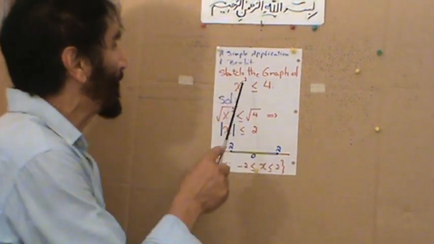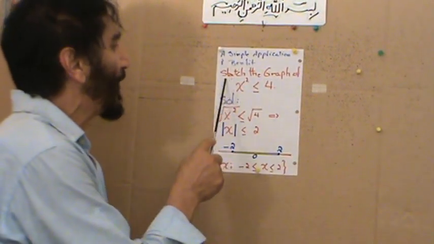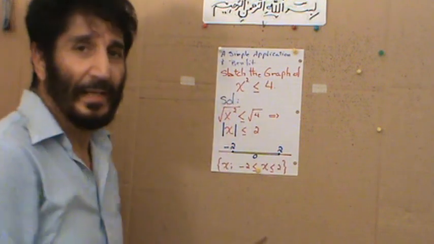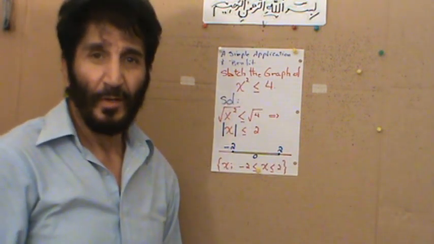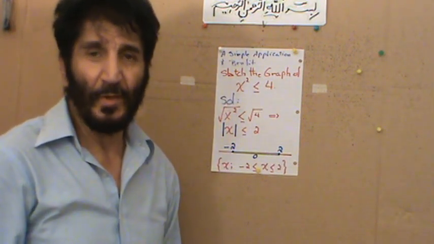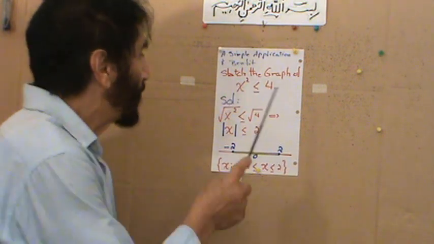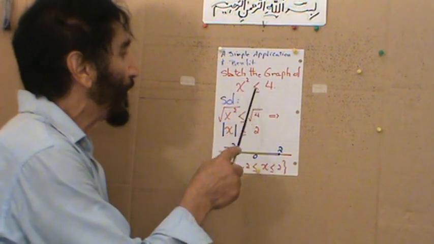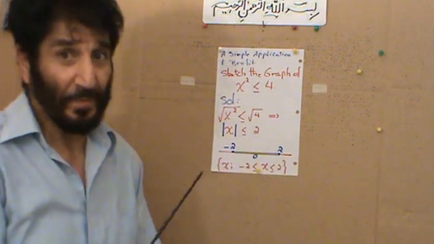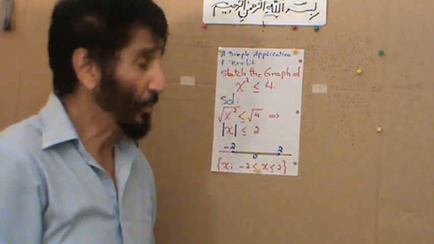Now look what happens. Suppose we are asked to sketch the graph of x squared less than or equal to 4. It's a basic algebra question. So what do we do? We take the square root of both sides. Most of us do that mechanically.